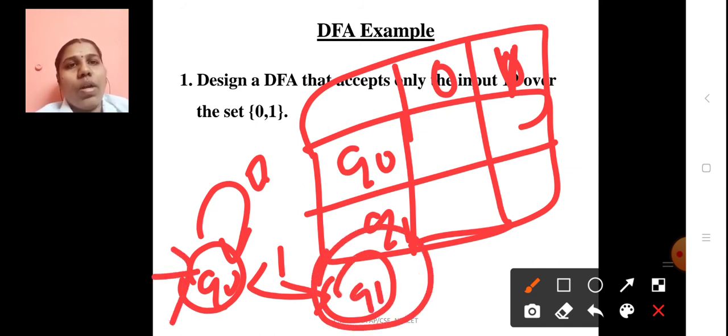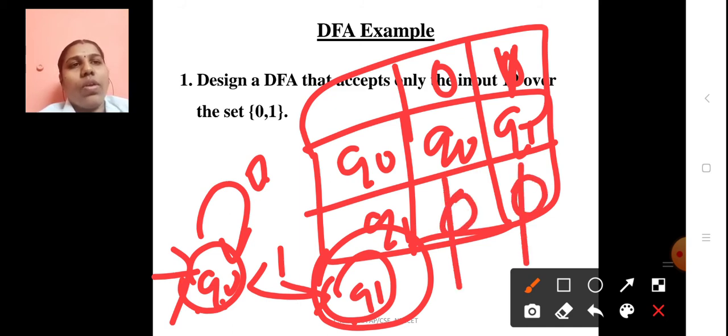So the input Q0 to 0 goes to Q0. The input Q0 to 1 goes to Q1. Q1 to Q1, no input. Q1 to Q0, no input. Q1 to 1, no input. So this is the diagrammatic tabular representation of the transition diagram.